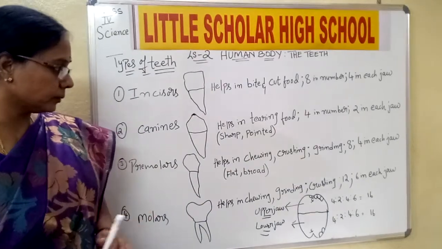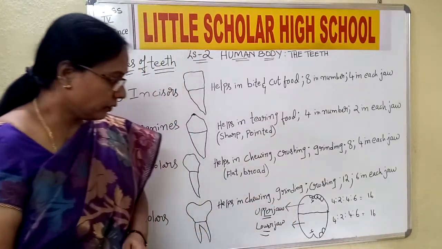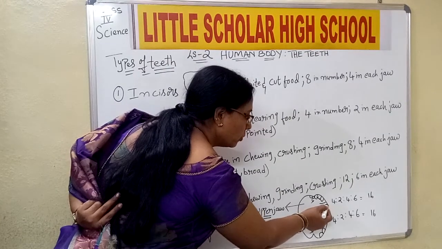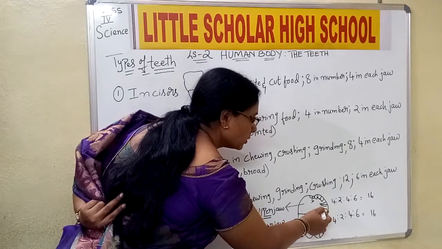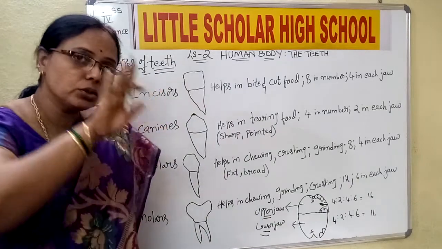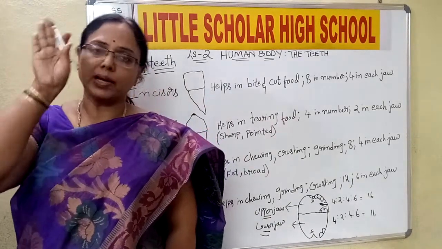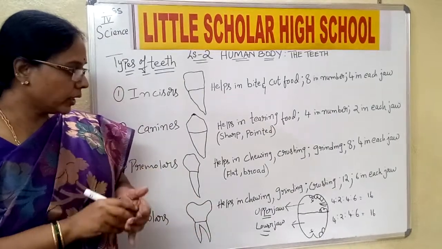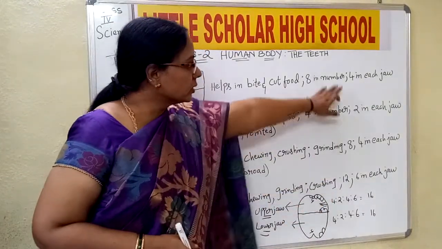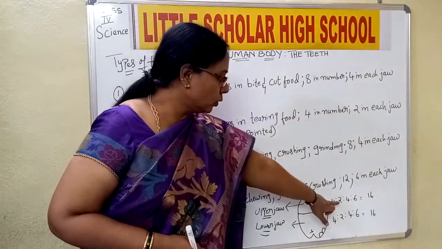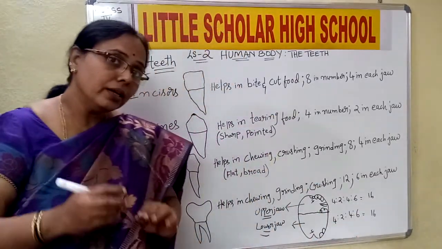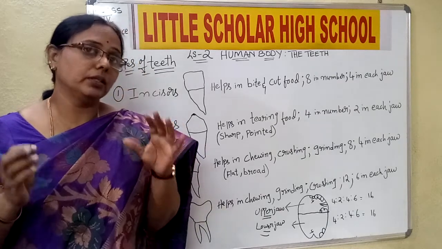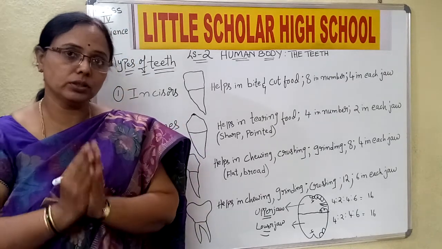Okay children, now see, in the front portion we said incisors, canines, premolars and molars, like that, from front to back. The arrangement is from front to back, from incisors to molars. Now when you look at the number here, as we discussed, 4 2 4 6, that means in our previous class we already discussed that the total number of teeth a person will have is 32. Yes or no, children?